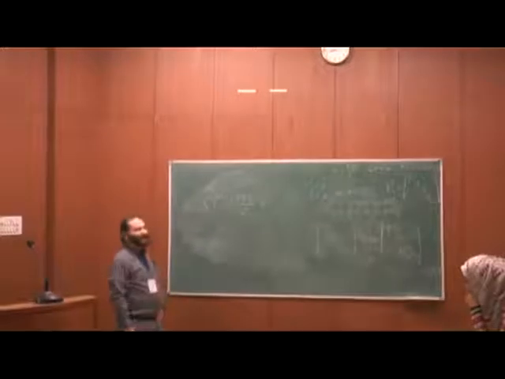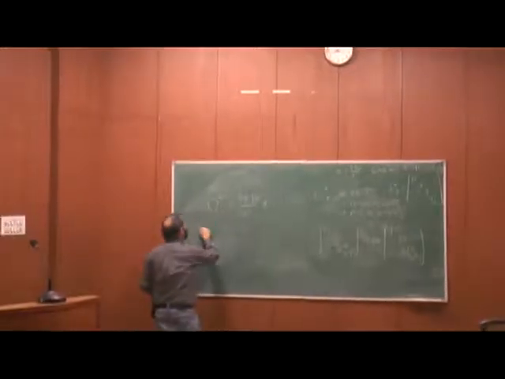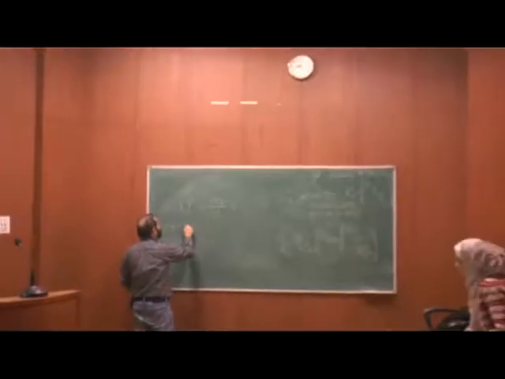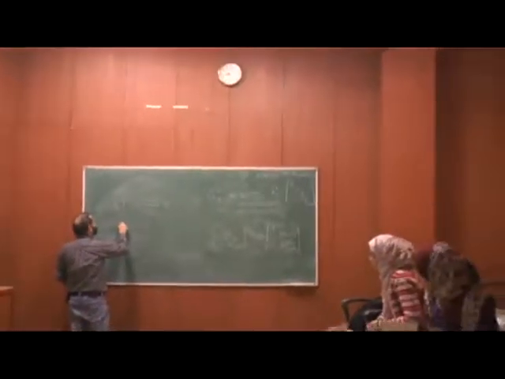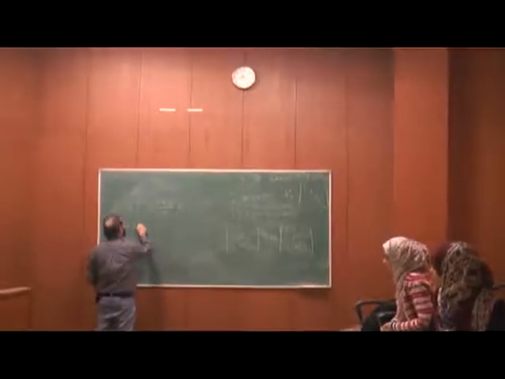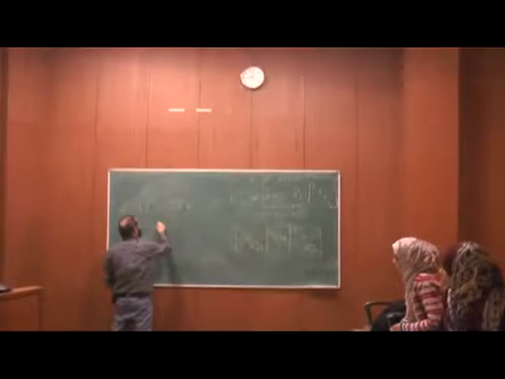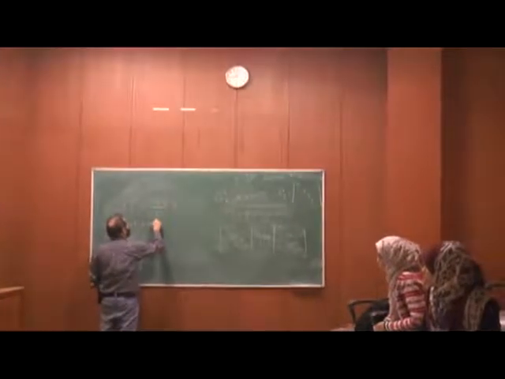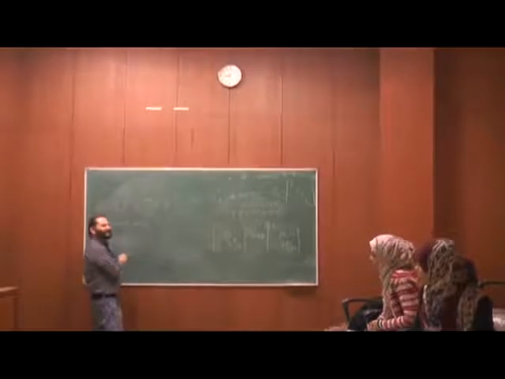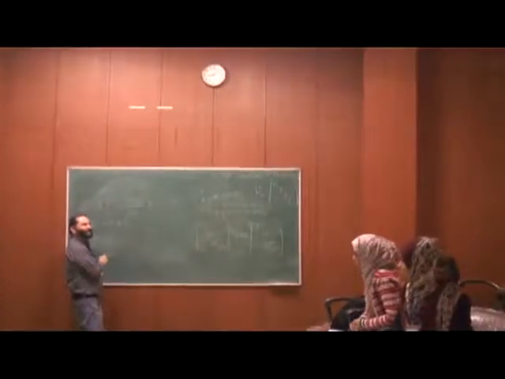Okay? Now, we know that G is I think 6.8 or 6.67 times 10 to the minus, sorry? 11. But in what? In centimeters or grams? SI unit.